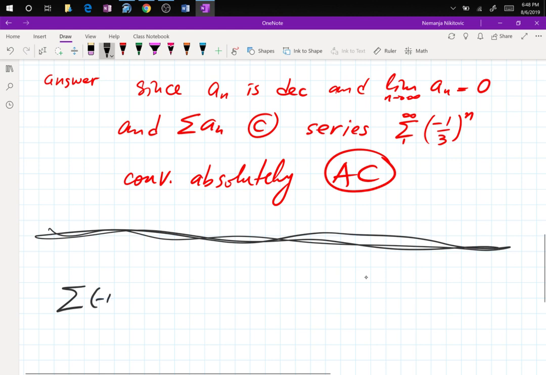Summation of (-1)^n times 1 over n, from 1 to infinity. Alternating harmonic series.